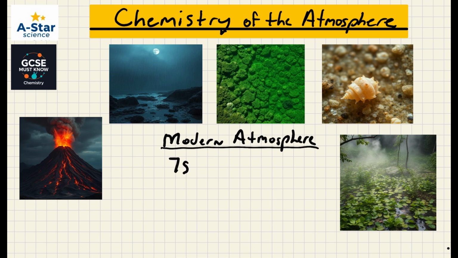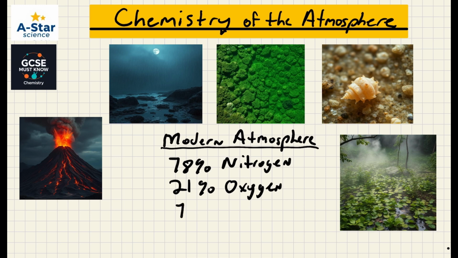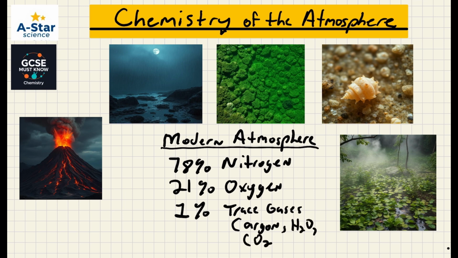We have around 78% nitrogen gas, 21% oxygen, and then 1% trace gases, meaning they're in very small amounts. That includes things like argon, water vapor, and of course, carbon dioxide. So this is the modern day atmosphere that you need to know for your GCSEs.